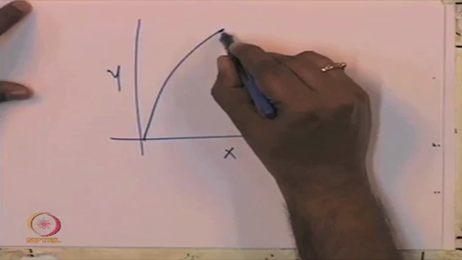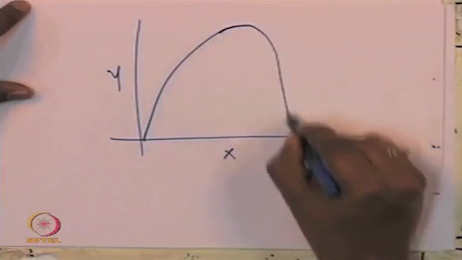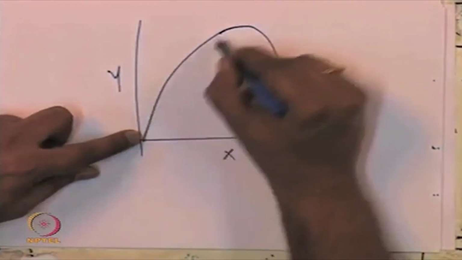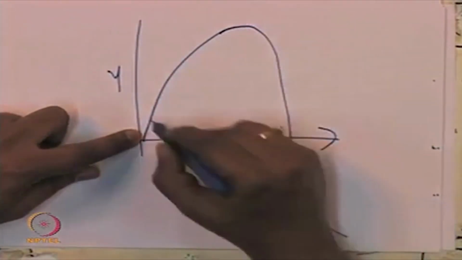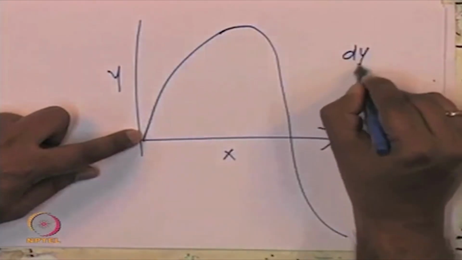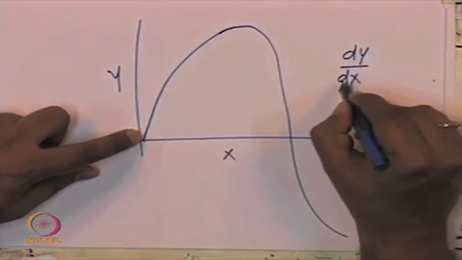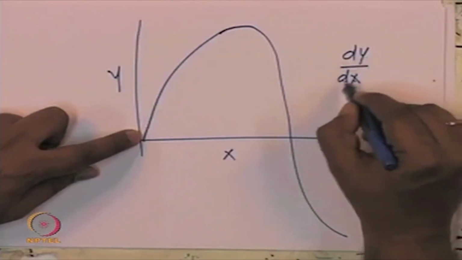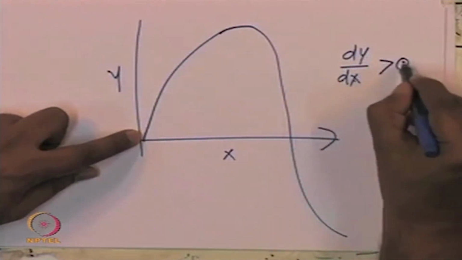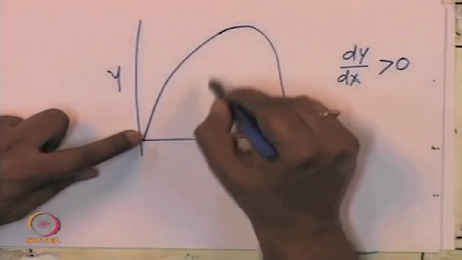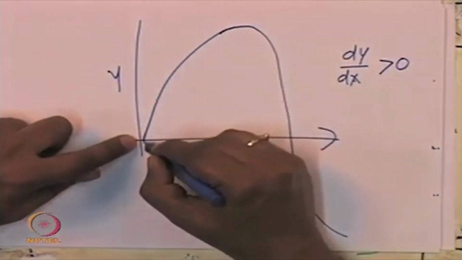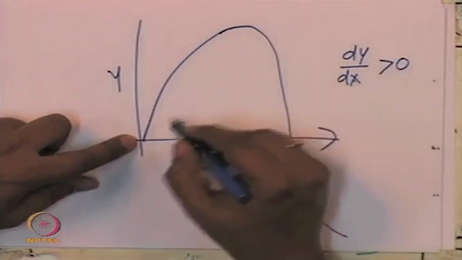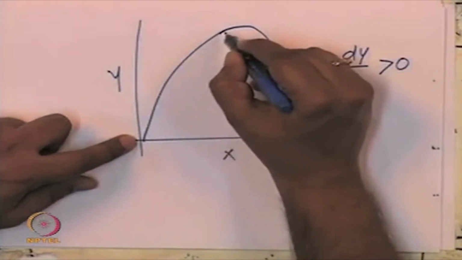In this part, as x increases, y increases. So, dy by dx, as x changes, does y change or not? If y also increases as x changes, dy by dx is greater than 0, positive. There is a positive slope, the slope is greater than 0.